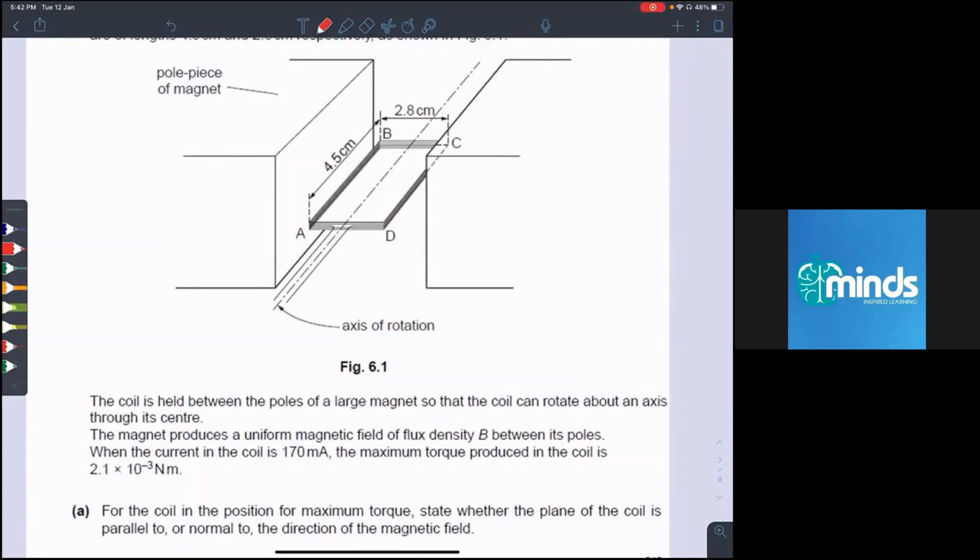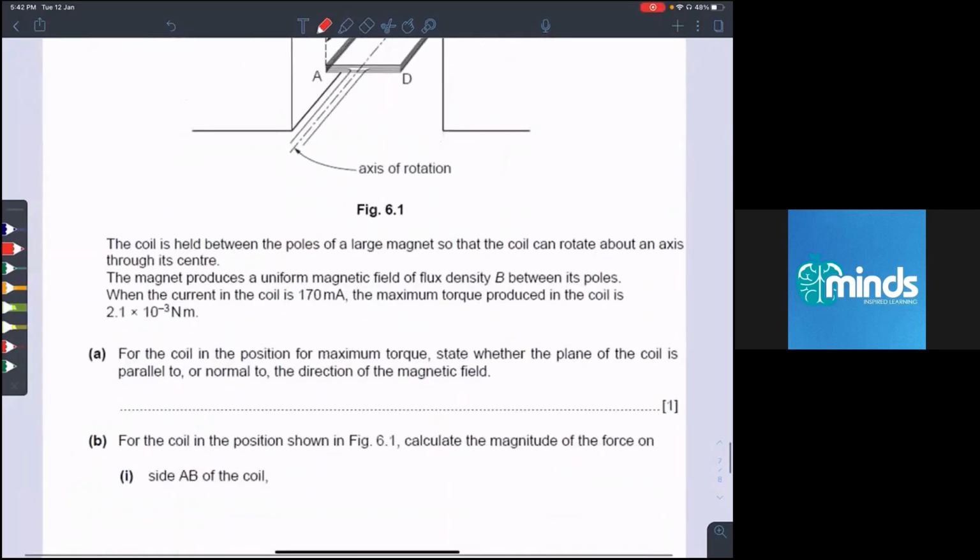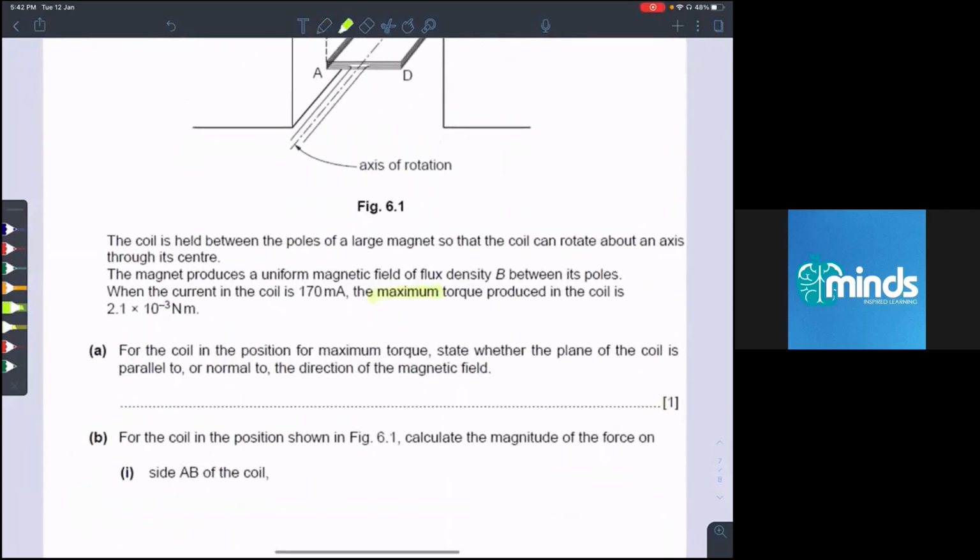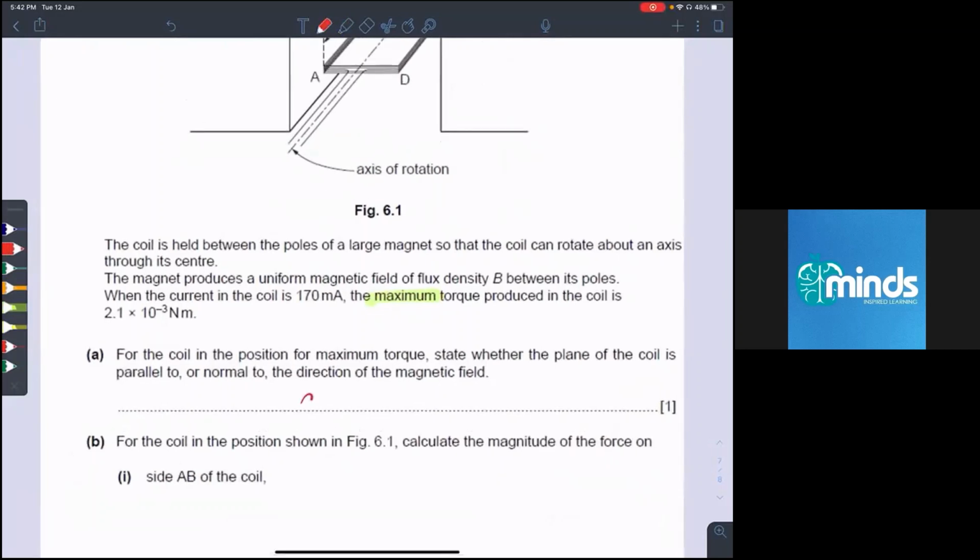When the current in the coil is 170, they have given you the maximum torque. Now, this is important. The torque is maximum. For the coil in the position of maximum torque, state whether the plane of the coil is parallel, normal, or in the direction of magnetic field. So I hope all of you must have mentioned parallel, right? Okay, coil should be parallel.